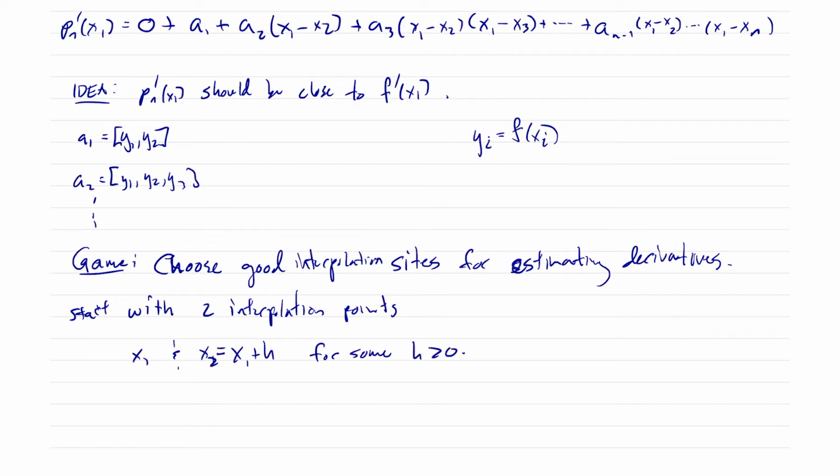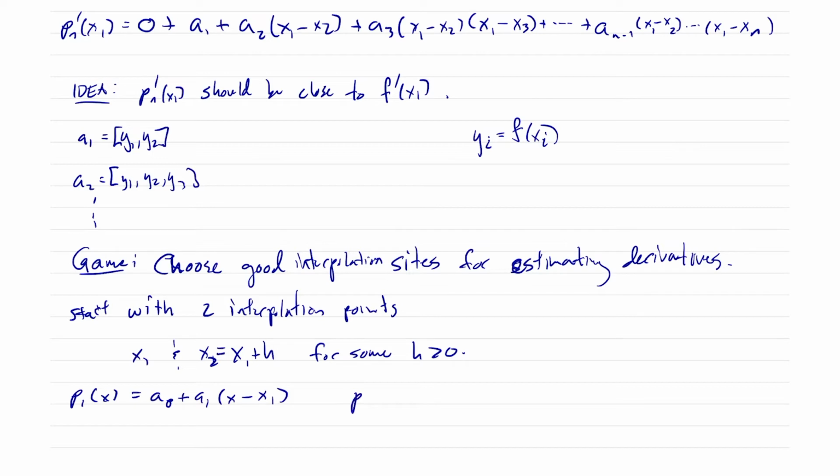Okay, so then if we take a look at the polynomial of degree 1 that interpolates these 2 points, that's going to give us a naught plus a1 times x minus x1. And then we're left with figuring out what a naught and a1 are.